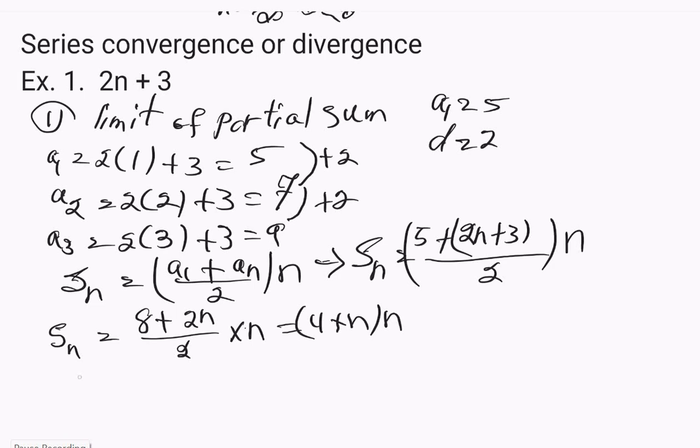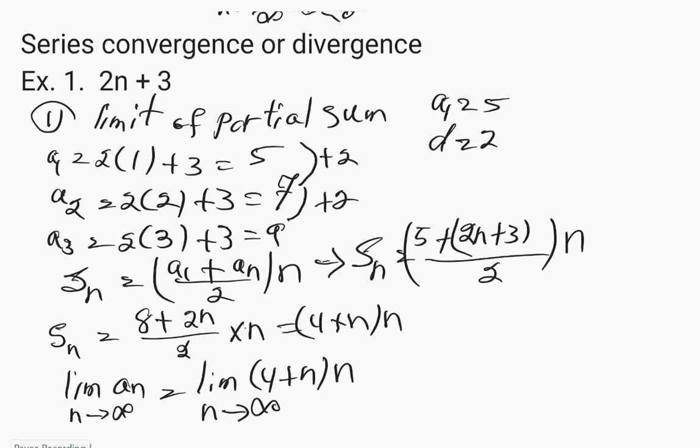So we can take the limit of this. The limit of S sub n as n approaches infinity equals the limit of 4 plus n times n, which is 4 plus infinity times infinity.